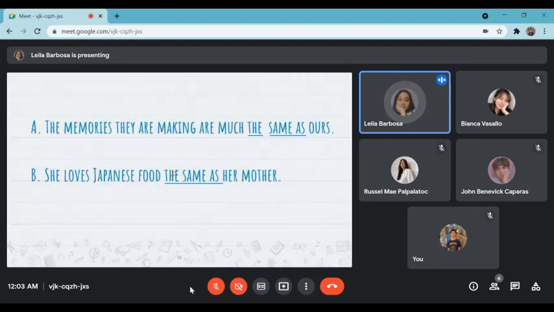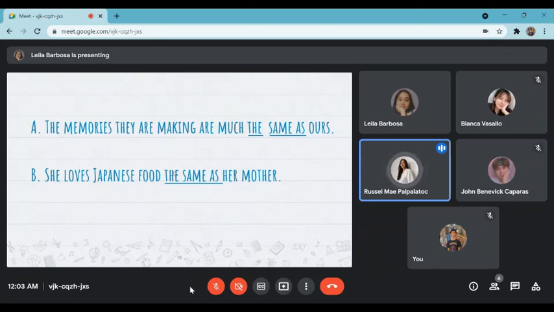So for letter A, the memories they are making are much the same as ours. The memories that they made are being compared to the recent memory that the speaker is making. So they use the word same or same as. Who would like to read for letter B? Ma'am. Yes, Rosa.